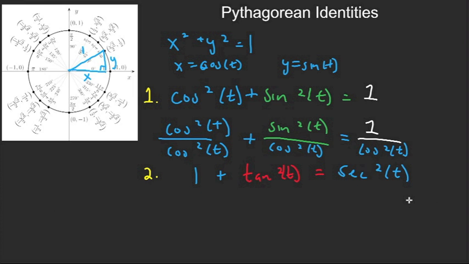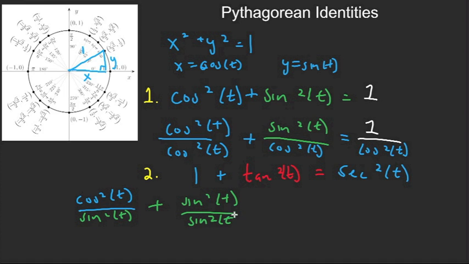Our third equation can be, again, derived from the first equation by dividing everything by sine squared t. So let's do that. Cosine squared t divided by sine squared t plus sine squared t divided by sine squared t equals 1 over sine squared t.